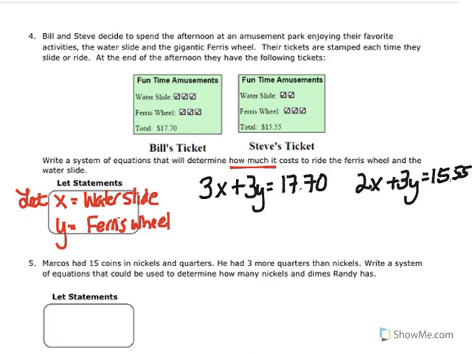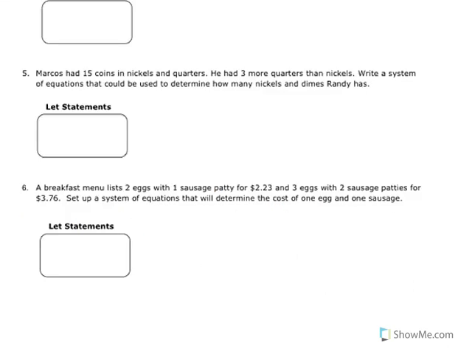Let's look at number 5. Marcos had 15 coins in nickels and quarters. He had 3 more quarters than nickels. Write a system of equations that could be used to determine how many nickels and quarters Marcos has. Now, perhaps on this one, instead of using X and Y, let's do our let statements, and let's let N equal the number of nickels.